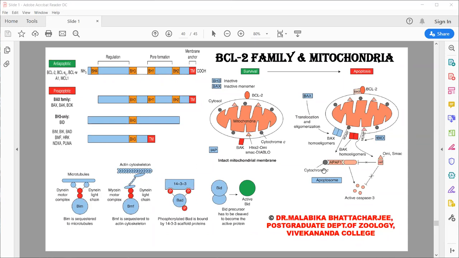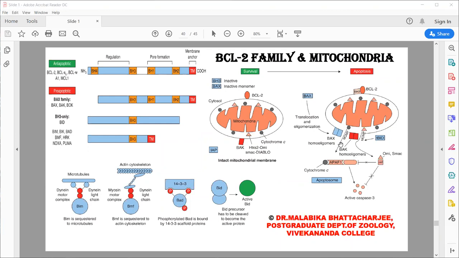And in the cytoplasm, the APAF is associated with a group of proteins known as inhibitor of apoptotic proteins. The full form of APAF is apoptotic protease activating factor. So in normal condition, in a healthy cell, the IAP and APAF remain complexed with each other.